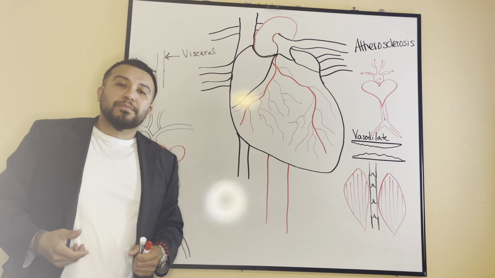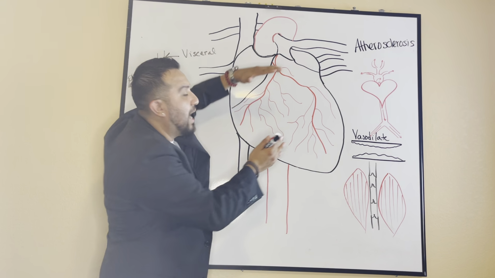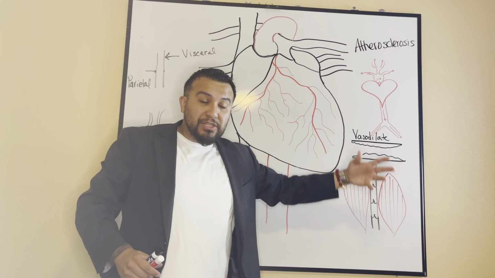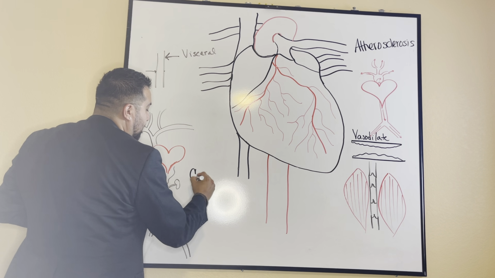And what the doctor will do is that they'll inject the contrast medium, and we can take a diagnostic image and we can find out to what degree of atherosclerosis the patient's suffering from. So, cardiac catheterization.